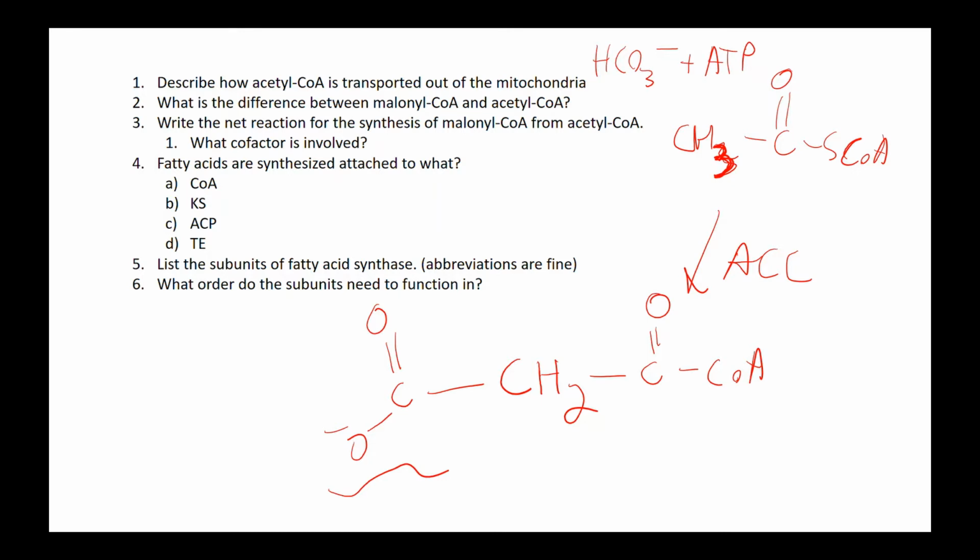So we have to add those as reactants. The bicarbonate becomes the carboxylic acid, and the ATP gets cleaved, giving us ADP and phosphate. So this would be the net reaction for the synthesis of malonyl-CoA from acetyl-CoA.